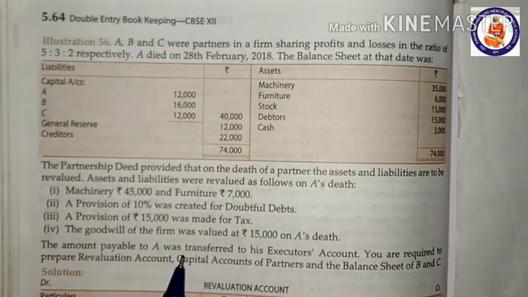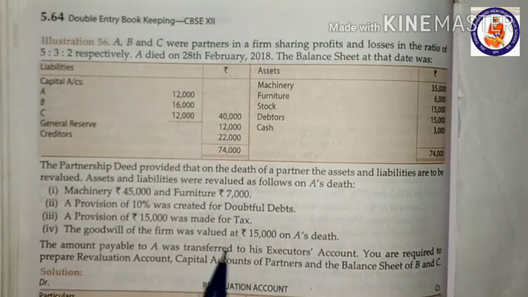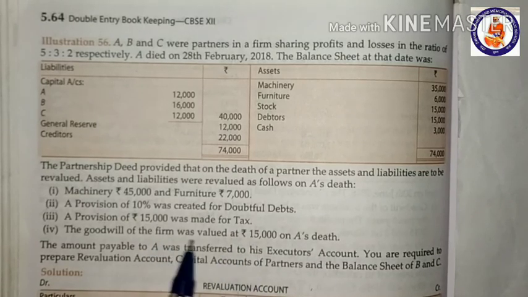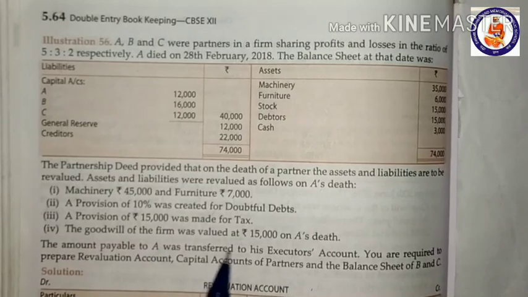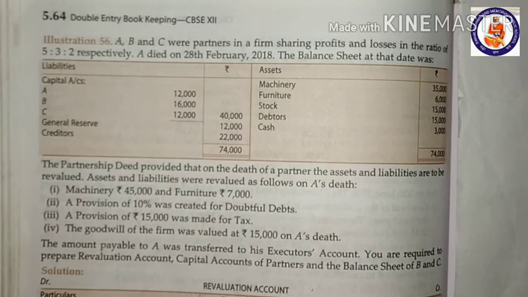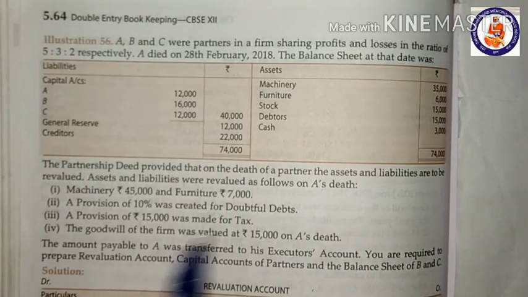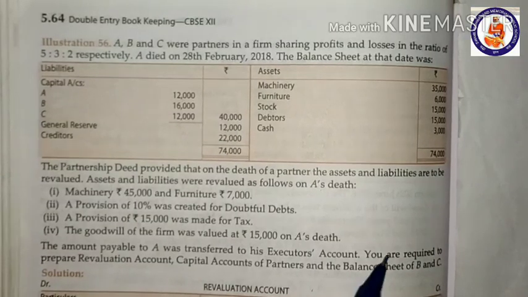The amount payable to A was transferred to his executor account, and whatever is to be given to A will be given to his executor. Then his balance will be transferred to his executor account.